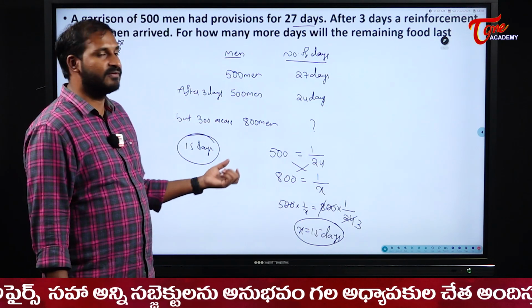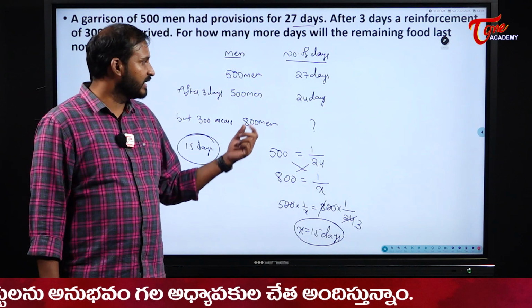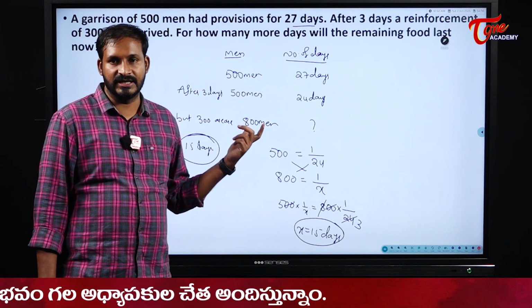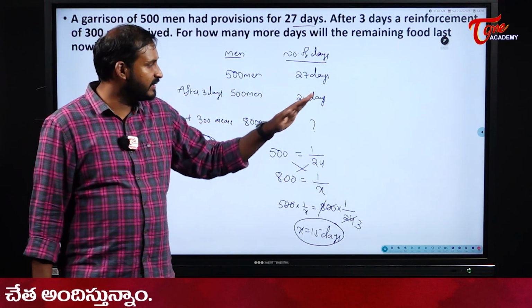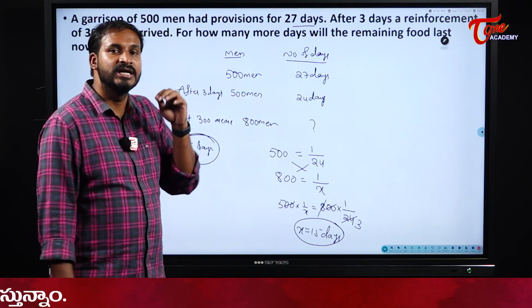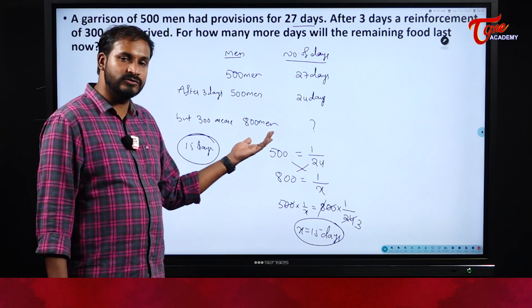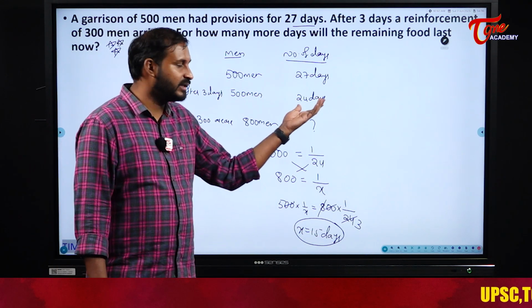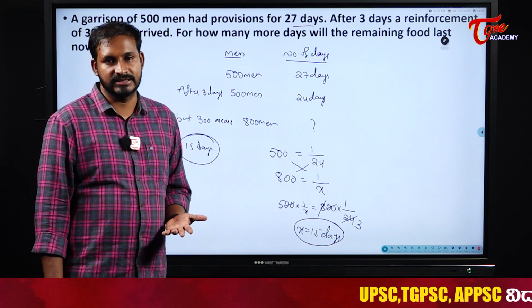So please be careful while solving these problems. For 500 men, the food will last for 27 days. After 3 days, if the same 500 men are there, the food will be left for 24 more days. But 300 men are joining, so the new strength became 800. For 500 men, the food will last for 24 days. For 800 men, how many days will it last?